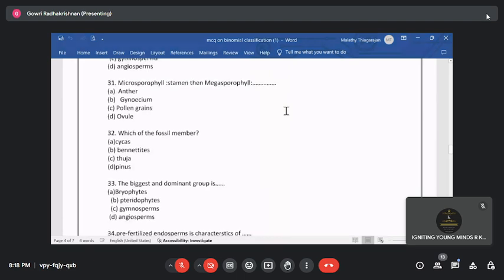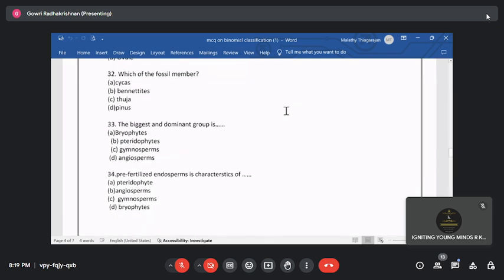Okay, microsporophyll is to stamen, then megasporophyll is to? Gynoecium, ma'am. Gynoecium is the correct answer. Stamen is the entire male filament structure, so that should be equated to gynoecium.